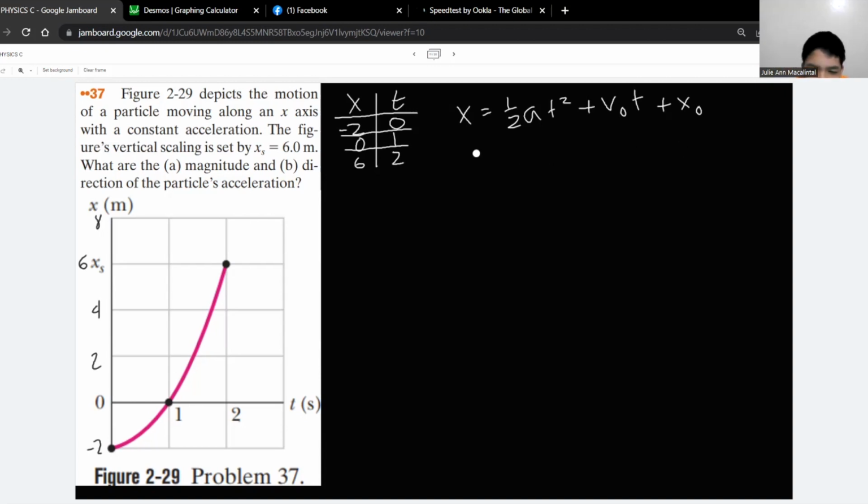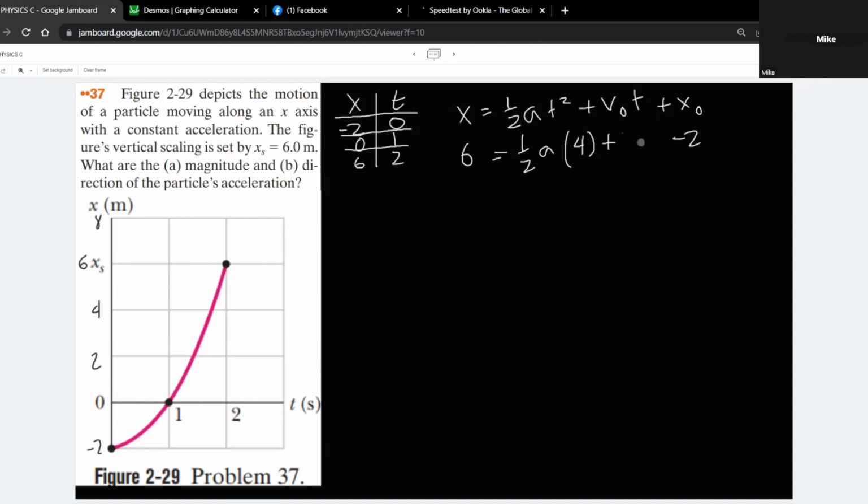So, substitute mo yung mga various values of t at saka x. Let's say 6. Tapos 1/2 a times 0.